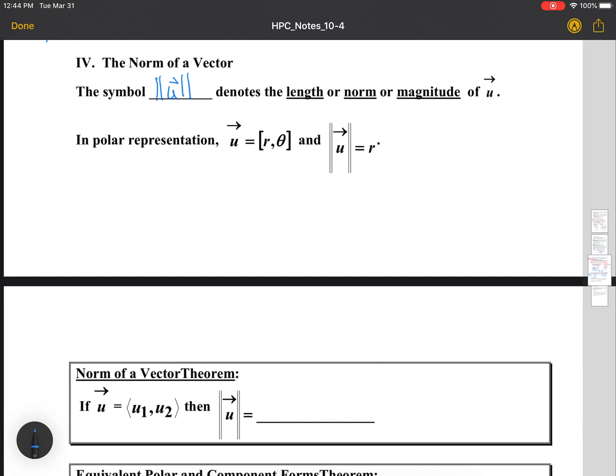So remember, in polar form, the magnitude of u is our r. So when they say the norm of a vector, they're asking for the r in our polar form of the vector. Polar form of a vector is just r and theta, so they just want the r. u is the vector as a whole. r is the norm.